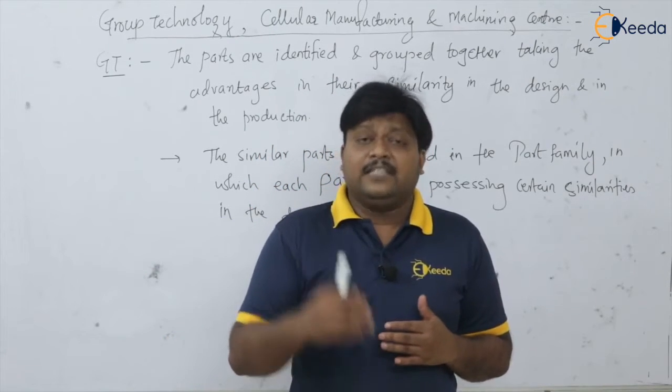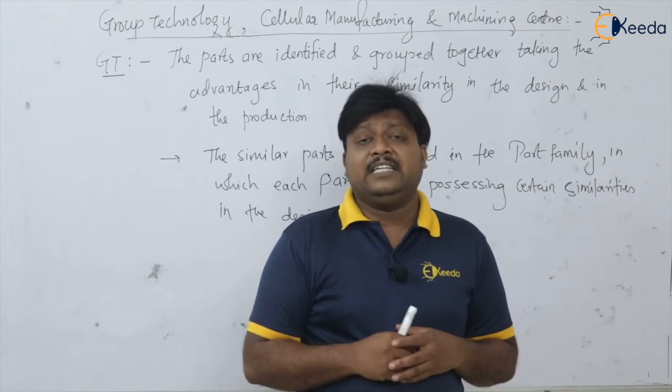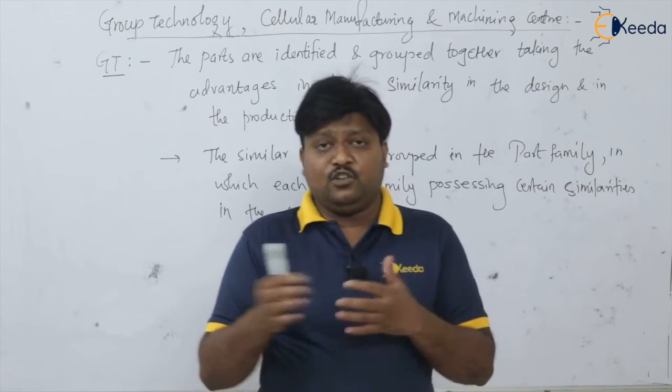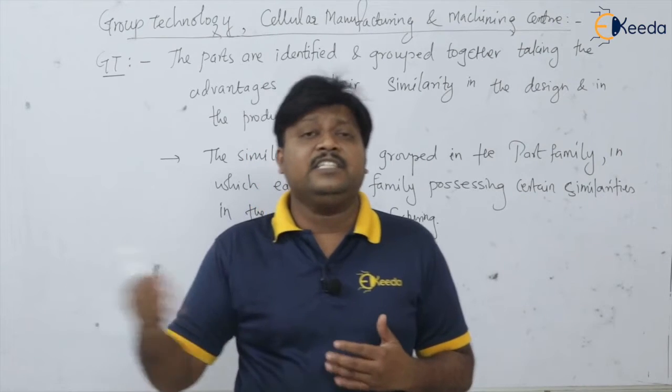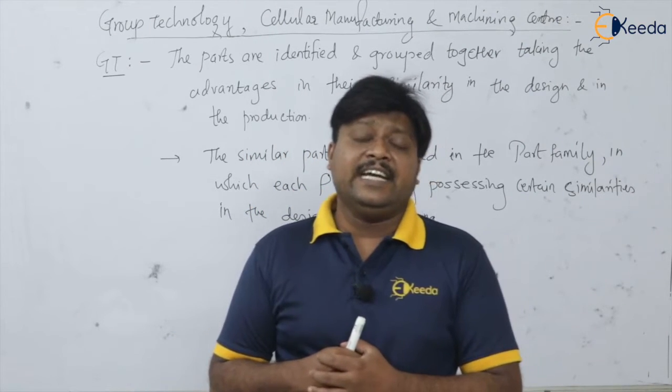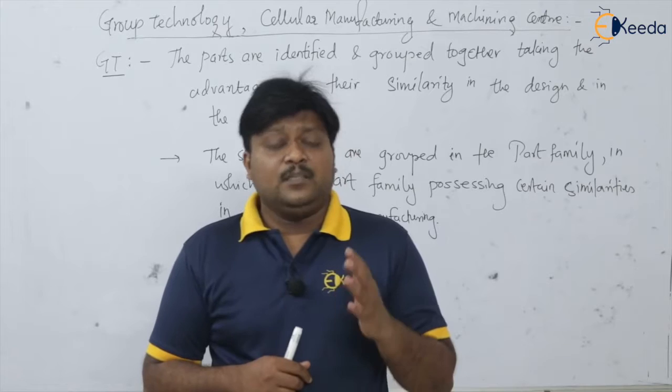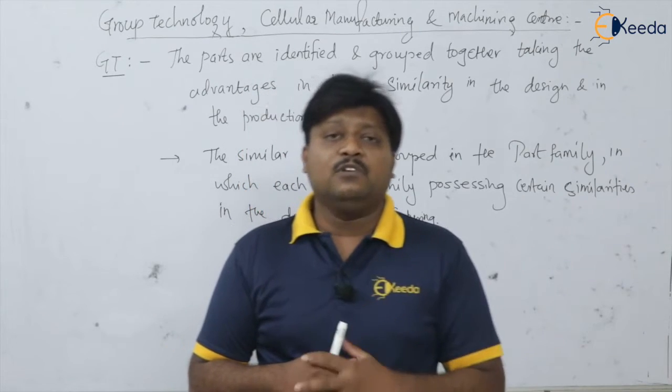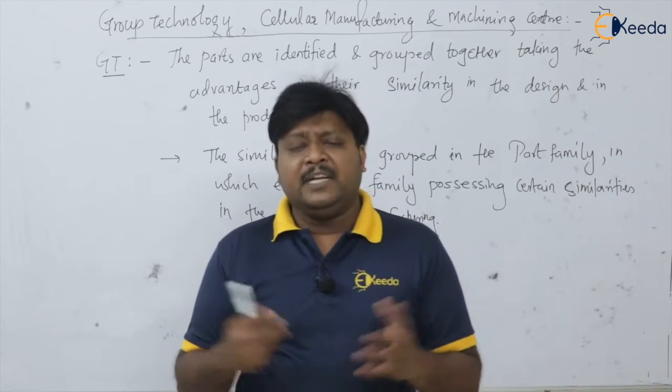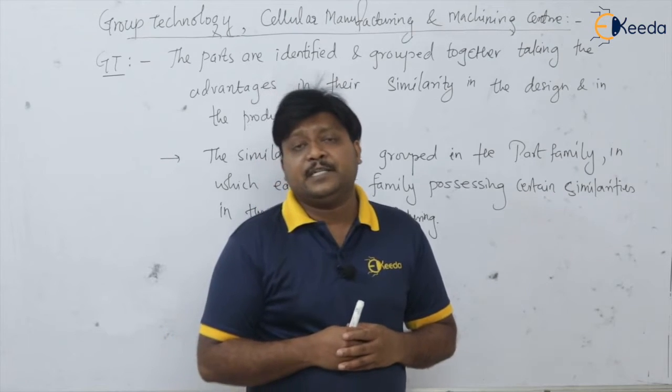That is the main benefit we are getting from group technology: the shorter distance between the machines, reducing the manufacturing lead time, which increases the productivity and decreases the work in process inventory. Many benefits we are getting.